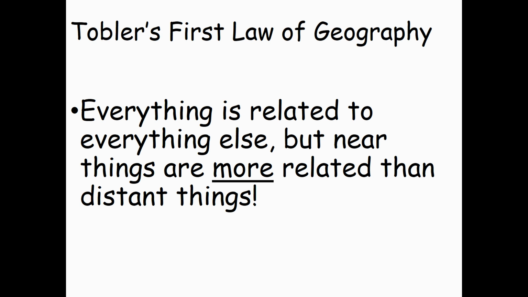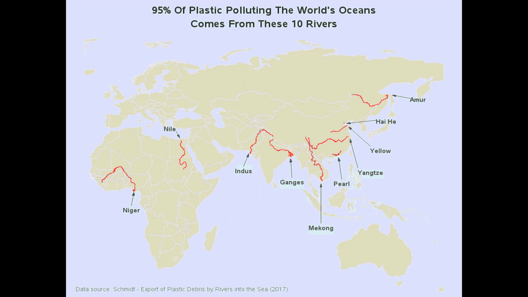And it's really true. Look at the plastic pollution in the world. 95% of all the plastic that goes into the oceans comes from just a few places in the world. And almost all of those places are in only really 2 regions of the world. Asia, particularly East and South East Asia, as well as South Asia, which is India and Pakistan and Bangladesh.